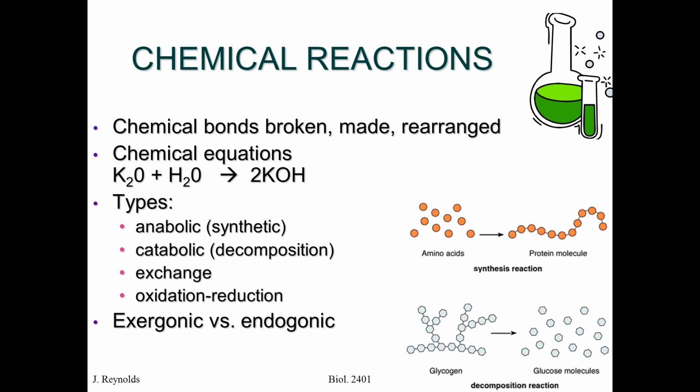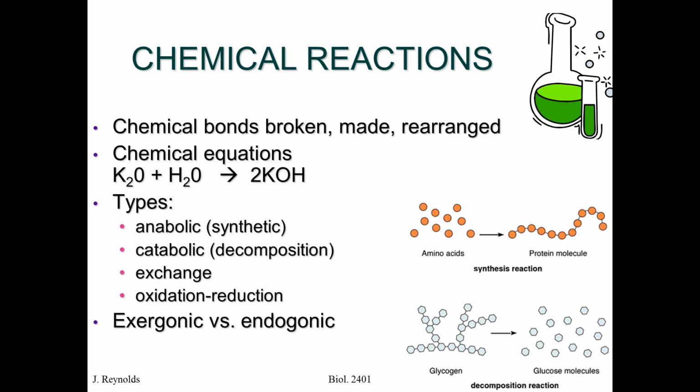That's a catabolic pathway where glucose is split apart down to carbon dioxide and energy. I'll mention energy later, but just to remind you, anabolic reactions use energy. Catabolic reactions produce energy. Then you got exchange reactions, which I'm not going to get into.